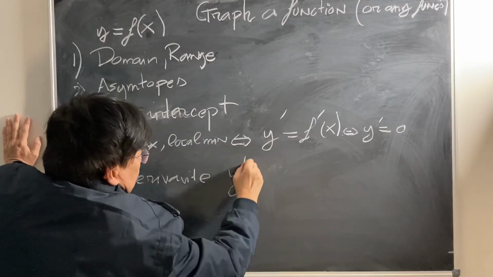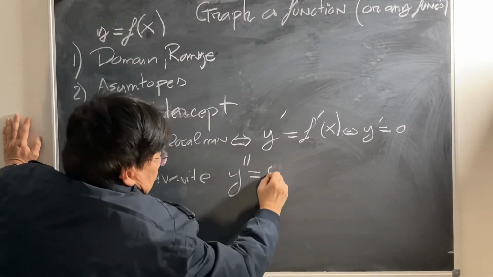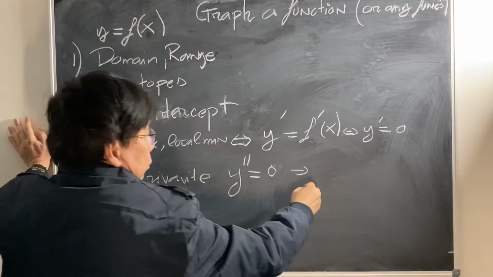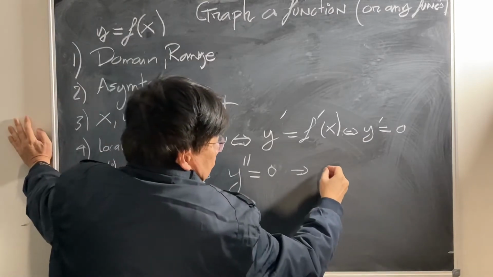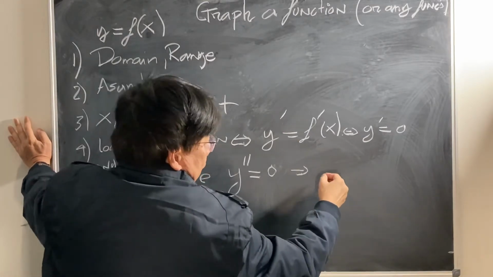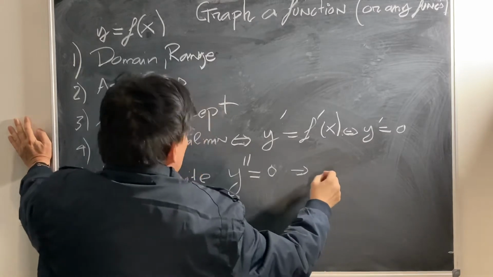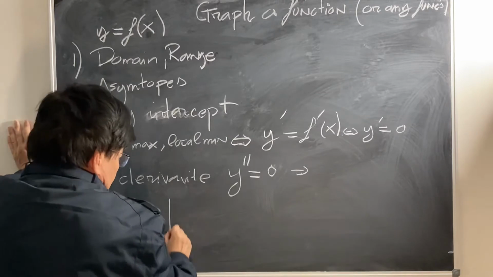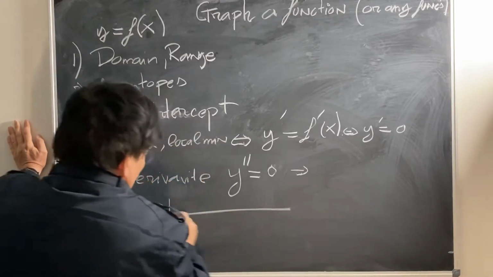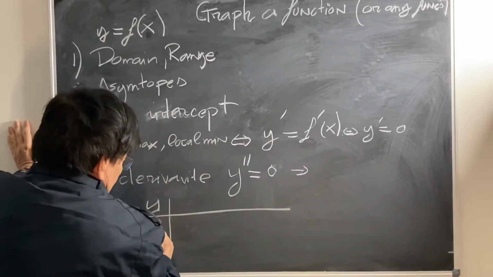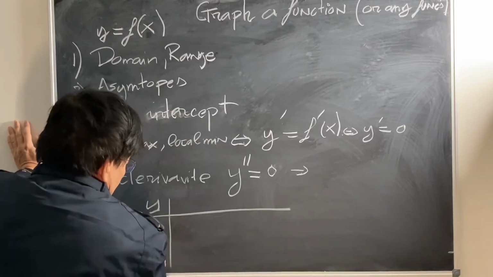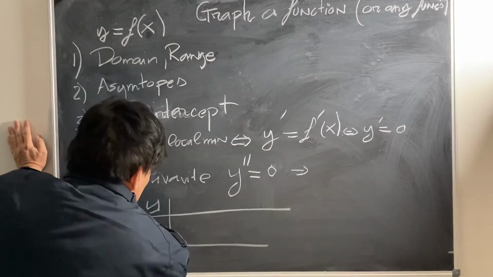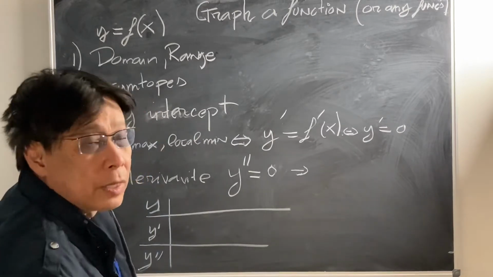Set y double prime equal 0, so you will know the inflection point. You will know where the graph is concave down and concave up. And finally, you set up the table which includes y prime and y double prime.